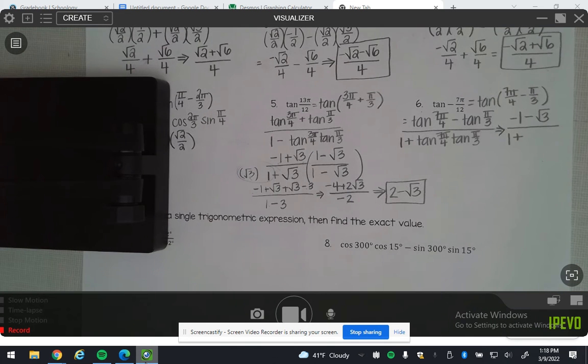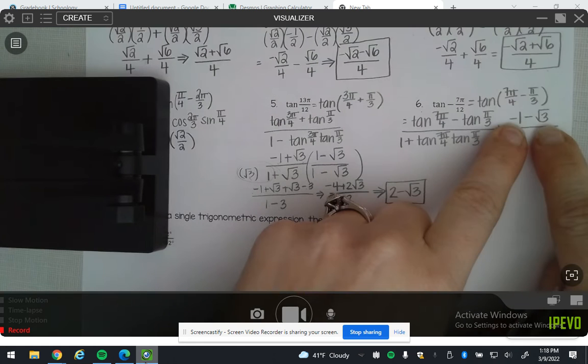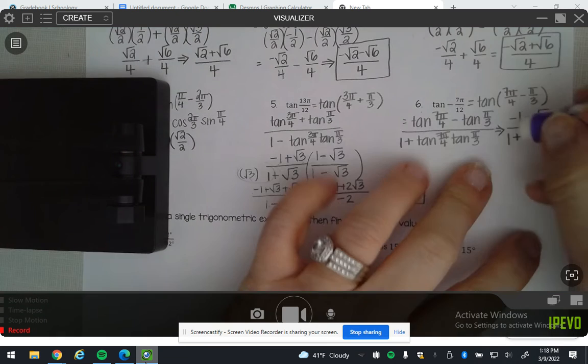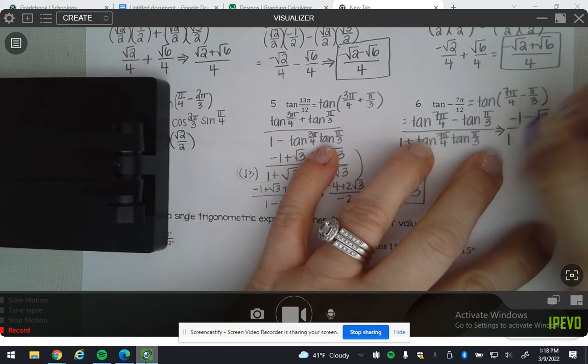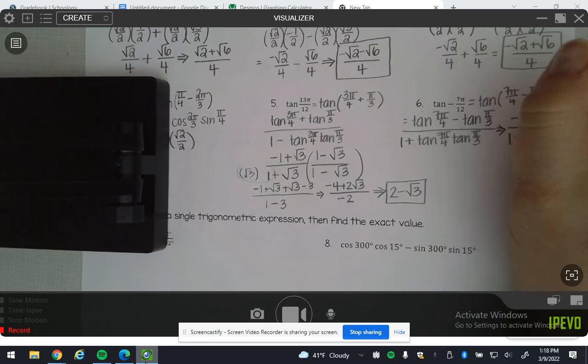What two numbers am I multiplying? You're multiplying the numbers that you just got, -1 and radical 3. Not -3, though. Be careful because the negatives are there. What's -1 times radical 3? Negative radical 3.